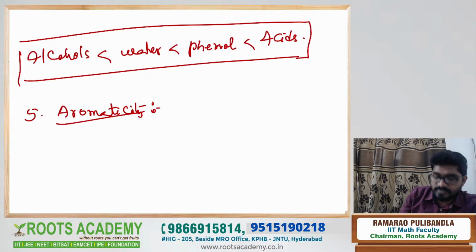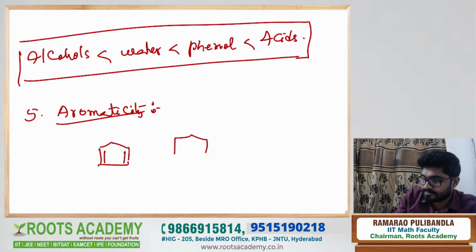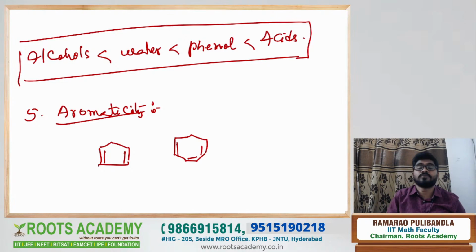Then how will we decide the acidic strength order? Now see guys, I am giving these two compounds. You tell me which is more acidic. So the fifth factor, based on aromaticity, we are going to decide now.